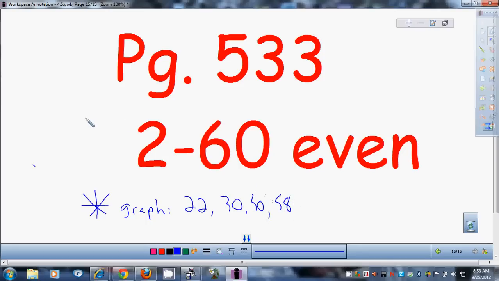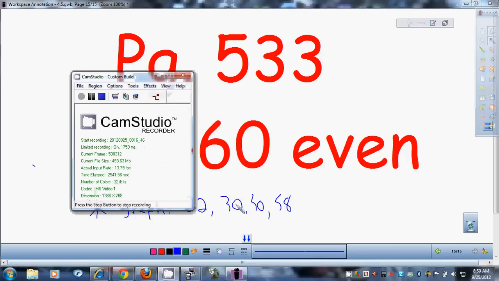Just those 4. Graph those 4. Everything else you can just give me all the data: period, amplitude, phase shift, and so on.